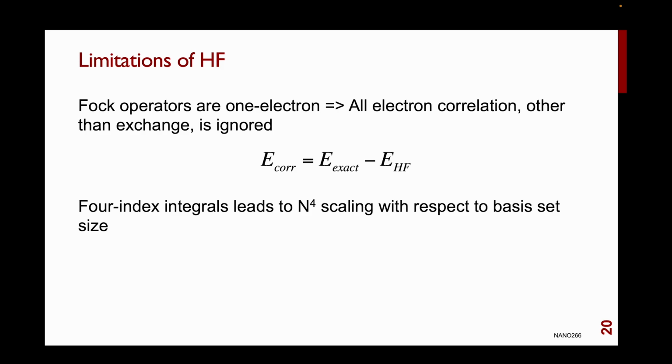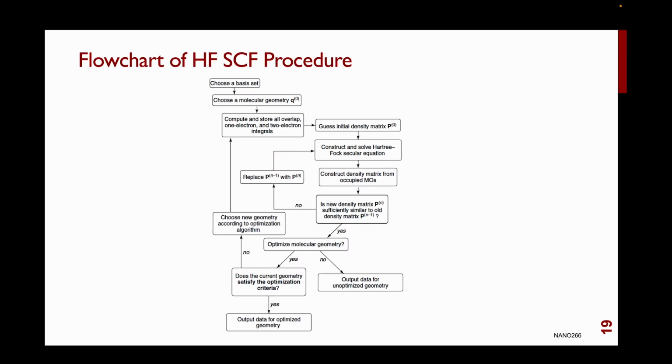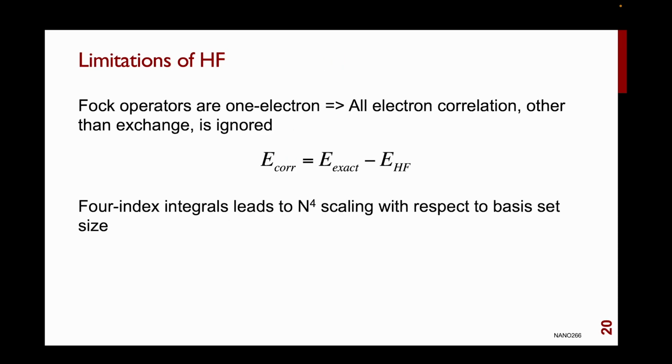The other limitation of the Hartree Fock approach is that there are these four index integrals. If you look at this part over here, with this four index integral you have to account for the interactions between each electron and every other electron. These four index integrals lead to n to the power 4 scaling with respect to basis set size.